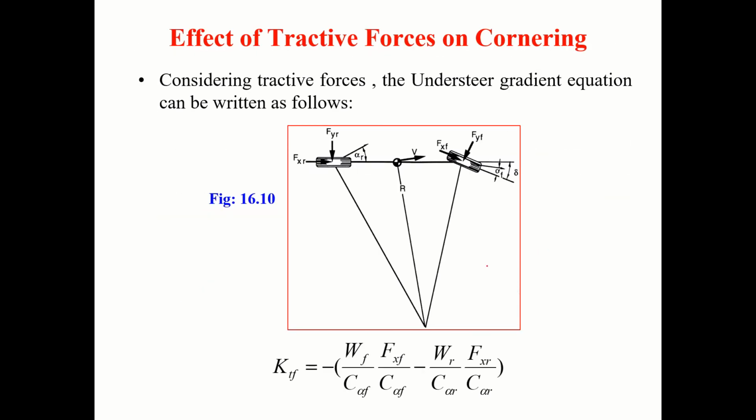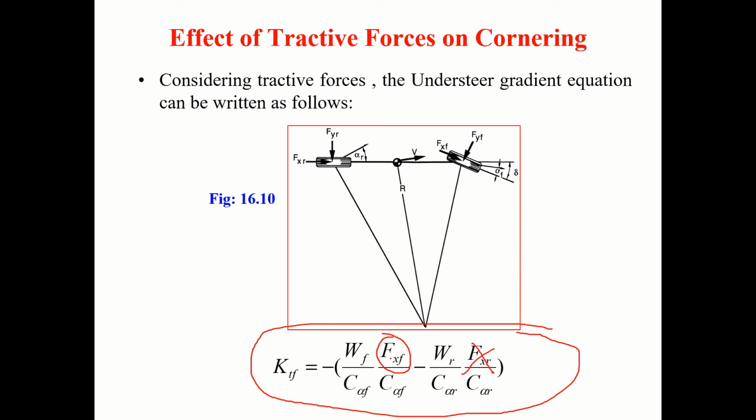Okay, next, similarly tractive forces, we can derive this one from the tractive forces. Understeer gradient due to tractive forces. If Fx, assume that it is a front wheel driven vehicle, this is not there, so it is minus, it oversteers, correct now.